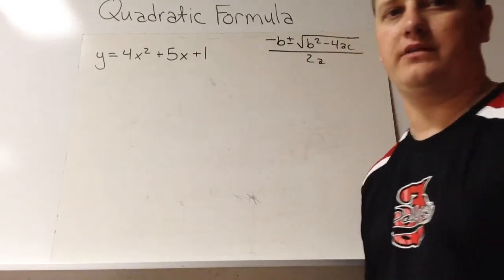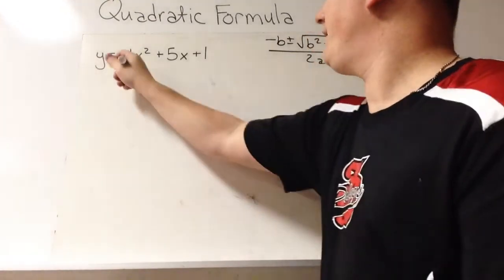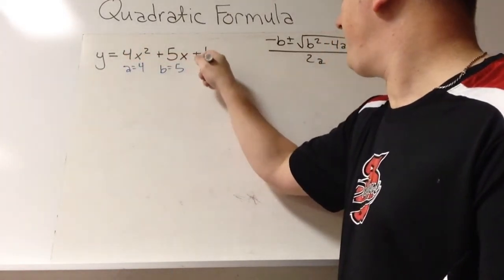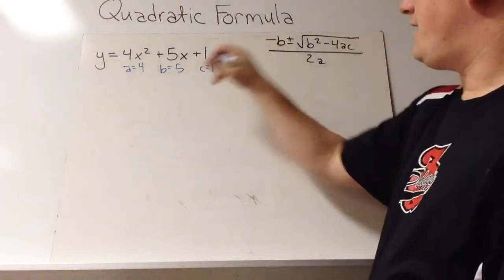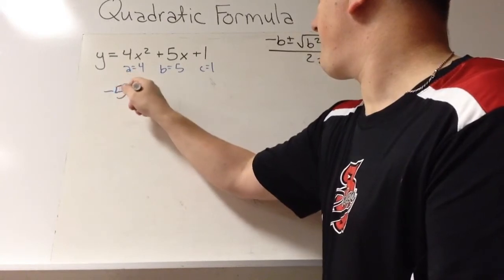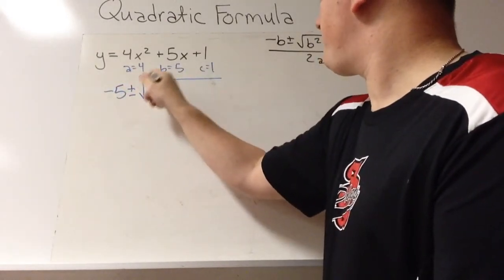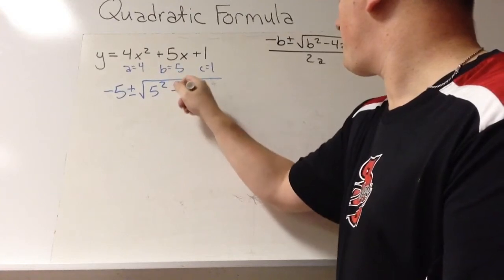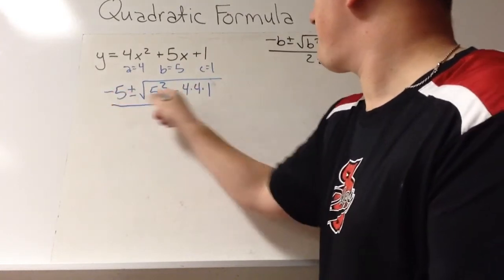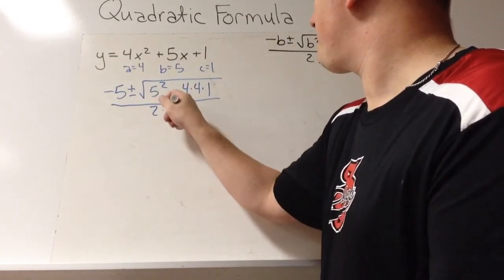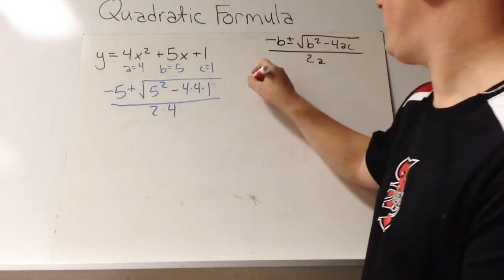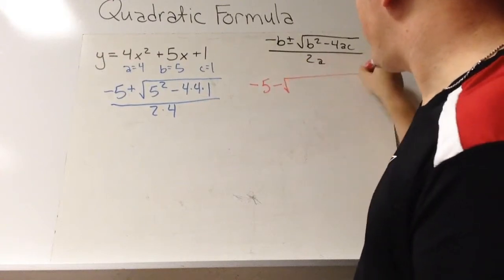Okay, I'm going to try and go through this a little bit faster. Negative b, so we've got negative 5. We're just going to add there, over here. We're going to subtract.